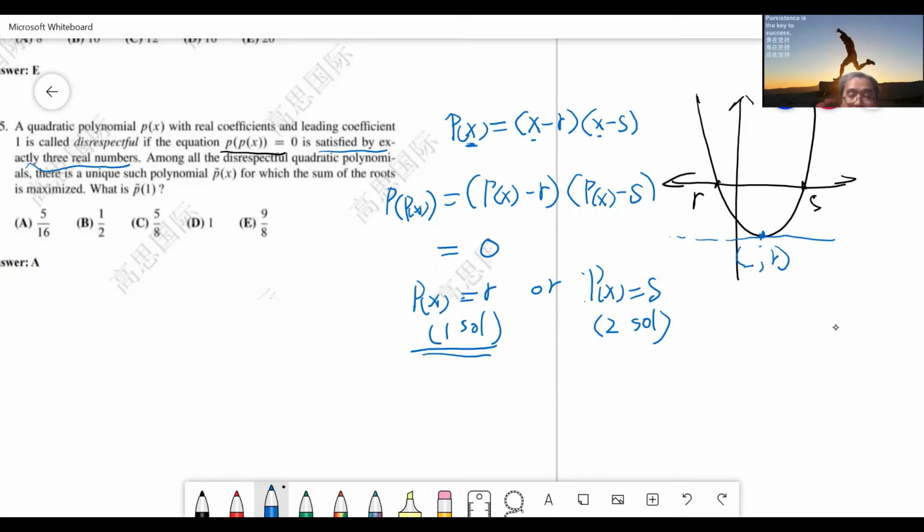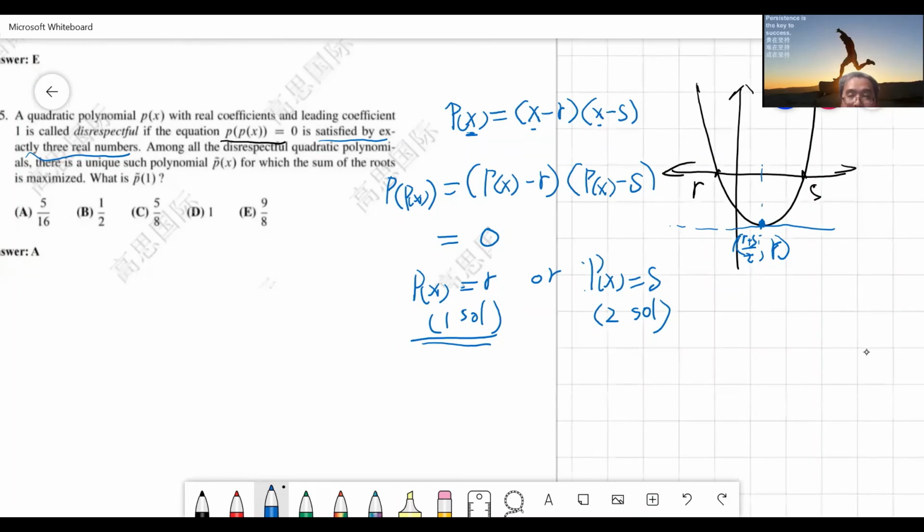So P(x) equals r shows that r is the vertex value. Since this is also the vertex, the symmetry line is at x equals (r plus s) divided by 2.